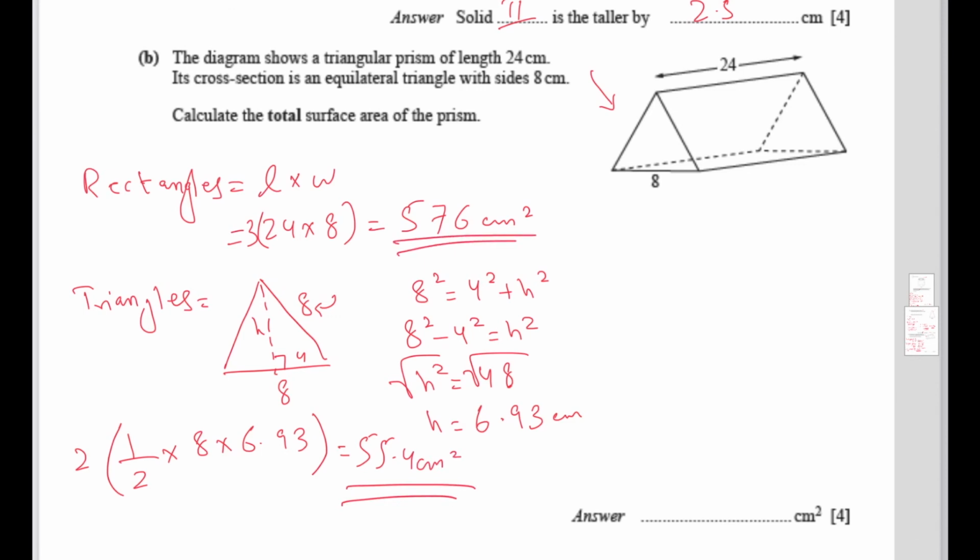The other was for the rectangles. Now let's add them together. 576 plus 55.4 gives 631.4 centimeters squared, which is our final answer. So we write it over here, 631.4.